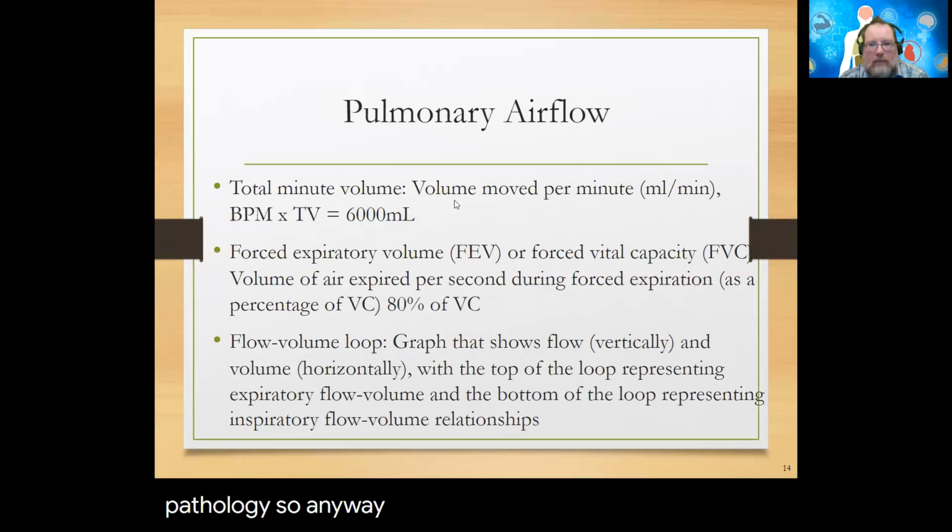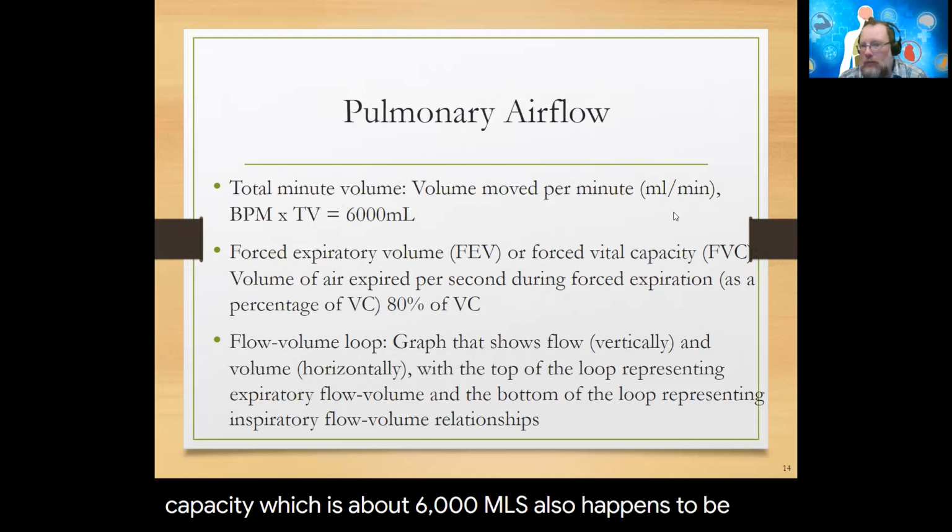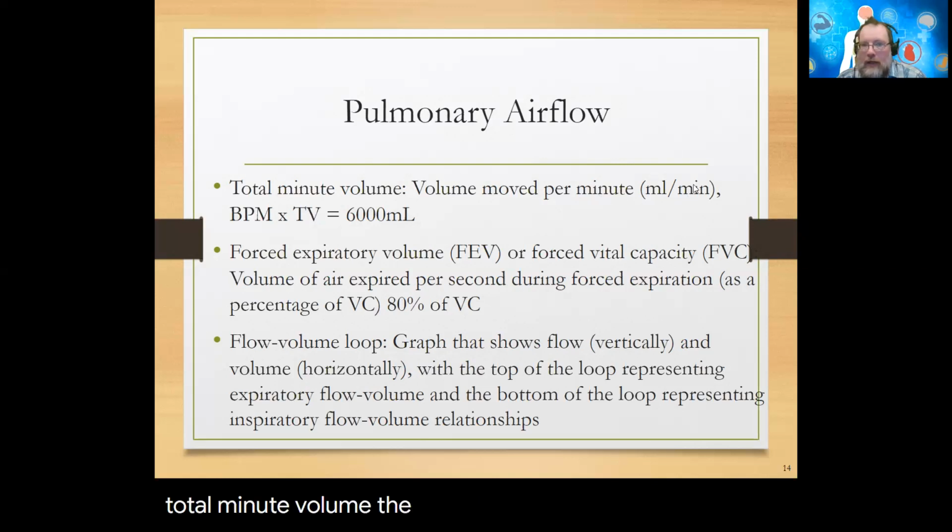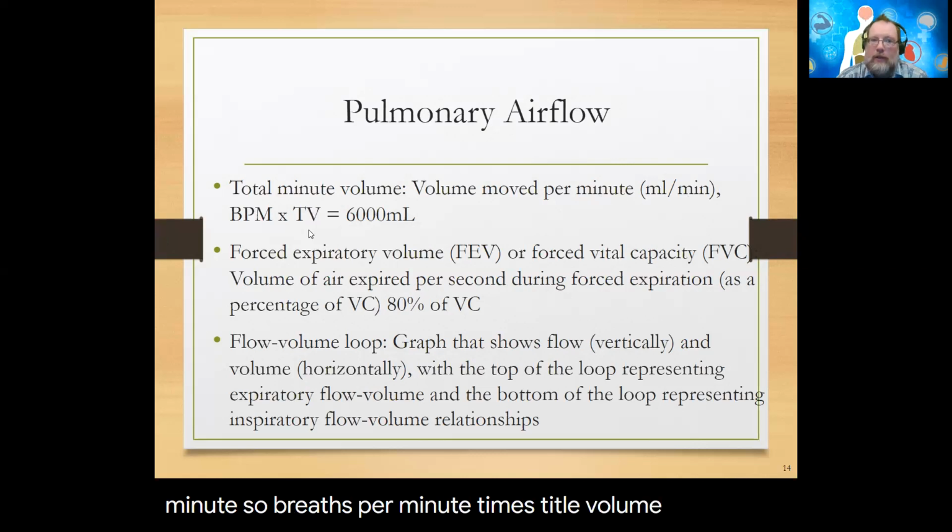So anyway, 6,000 total minute volume. Oddly enough, the total lung capacity, which is about 6,000 mLs, also happens to be the total minute volume, the amount of air moved in and out per minute. So breaths per minute times tidal volume. Remember, tidal volume is roughly 500 mLs.